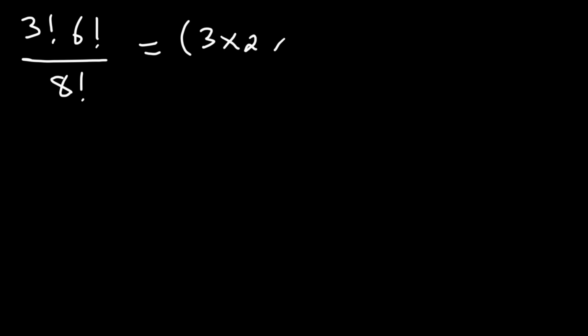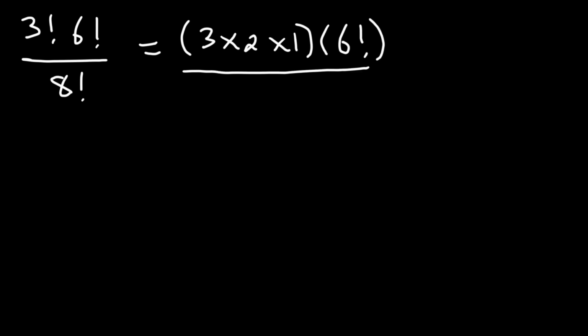You try out this. Evaluate 3 factorial times 6 factorial divided by 8 factorial. This will be equal to, now 3 factorial is the same as 3 times 2 times 1, and then we shall leave 6 factorial the same, divided by 8 factorial, which is the same as 8 times 7, and then times 6 times 5 times 4 all the way to 1.